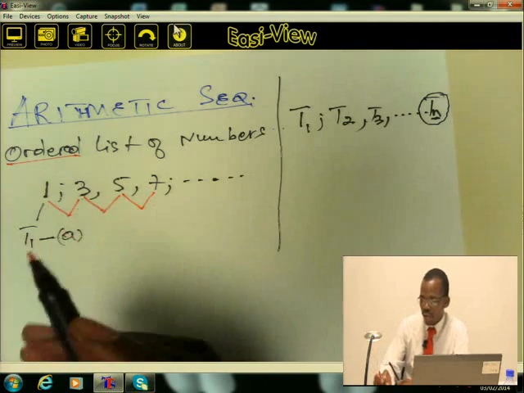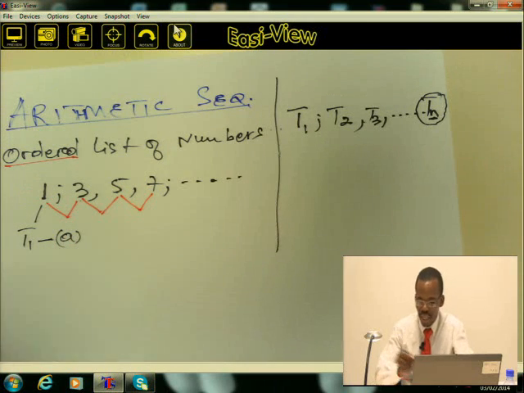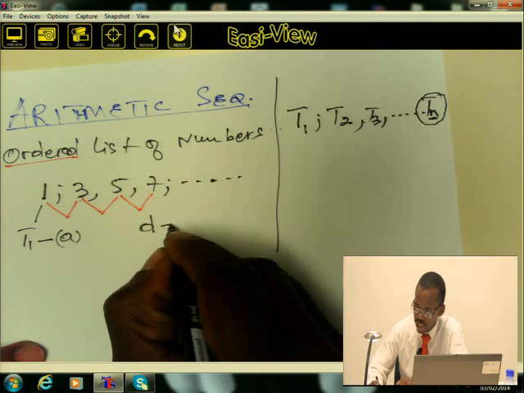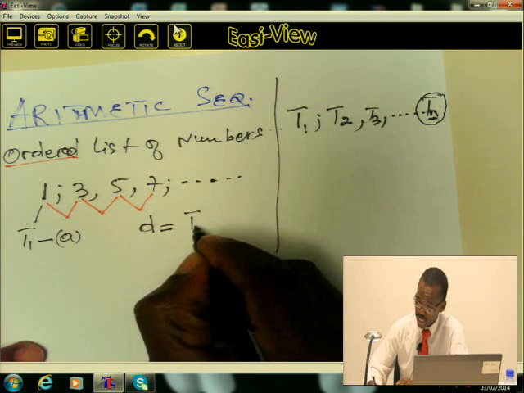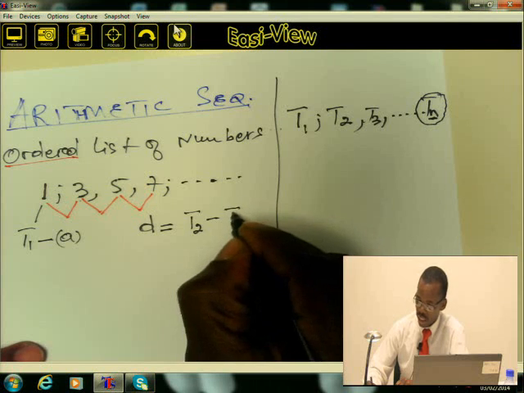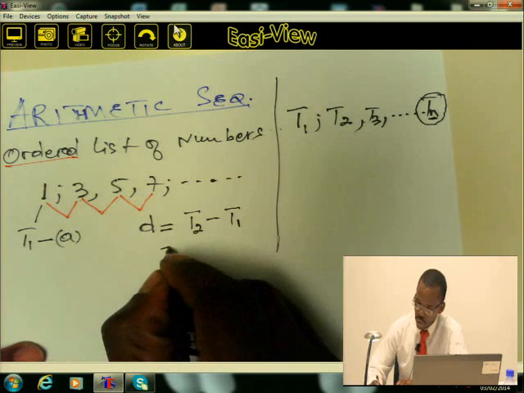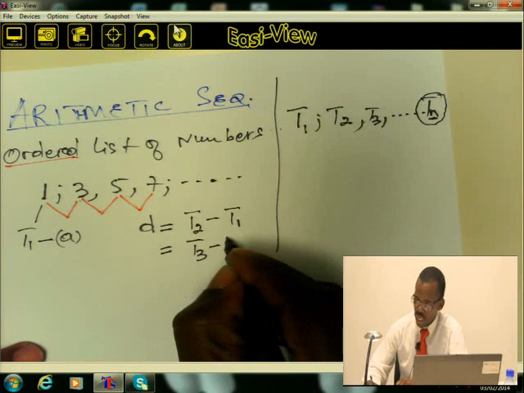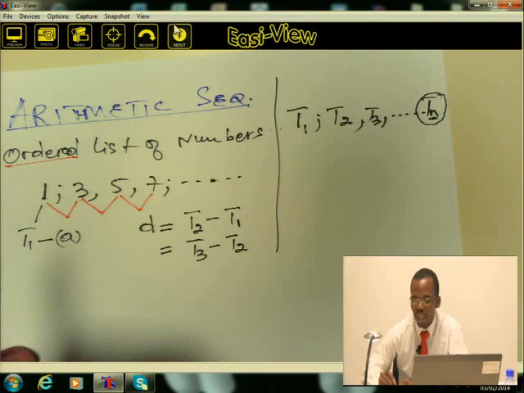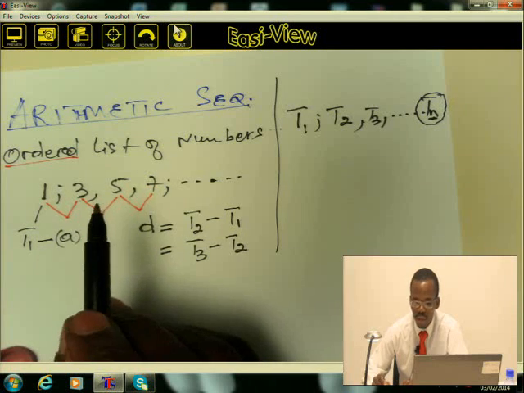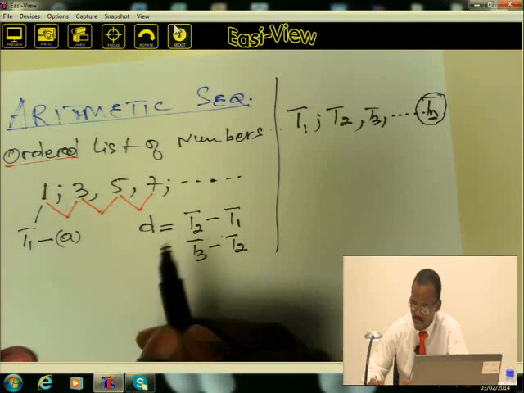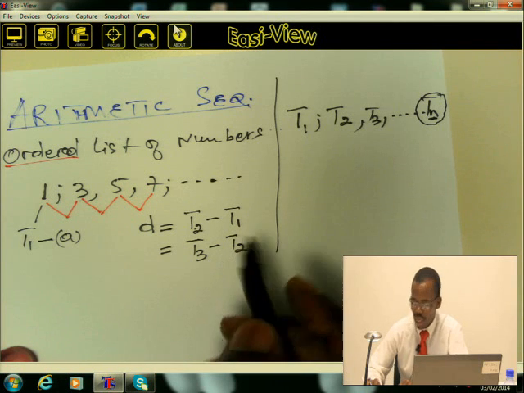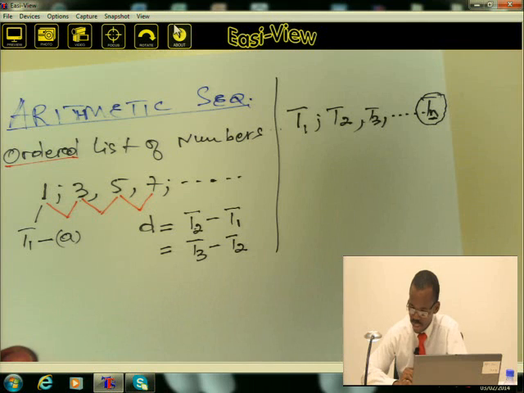We find the difference as D, which is given by the second term minus the first term, which can also be equal to the third term T3 minus T2. In other words, you subtract the previous term from the next one. So T2 minus T1, T3 minus T2. That is going to give us the difference.